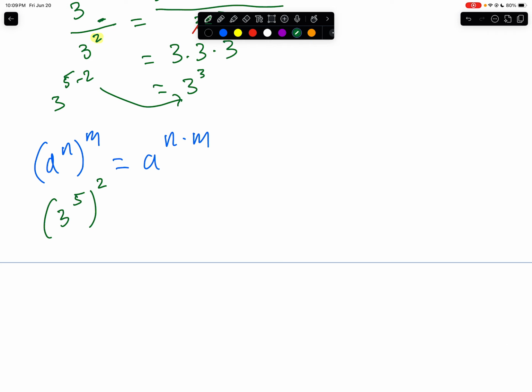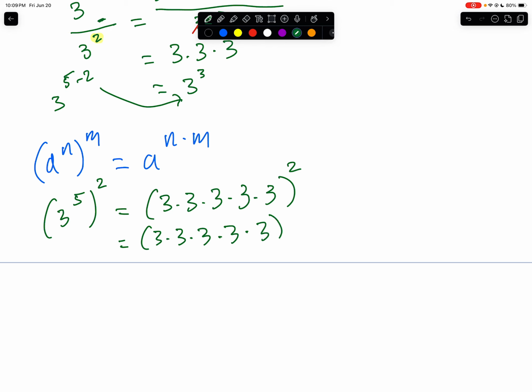Okay, so if we think about this here, we have 3 to the 5th, which is 3 times 3 times 3 times 3 times 3. And then that's squared. So that'll just be 3 times 3 times 3 times 3 times 3 times 3 times 3 times 3 times 3 times 3, right?